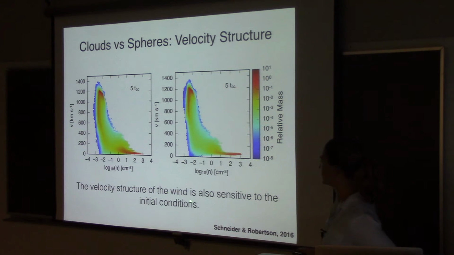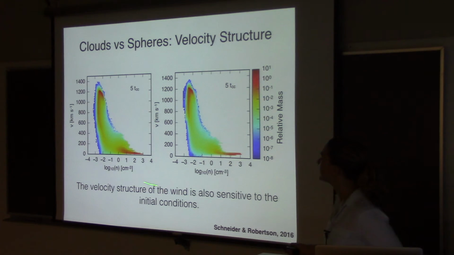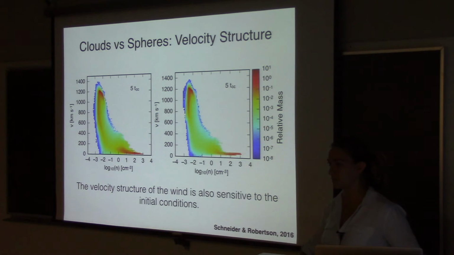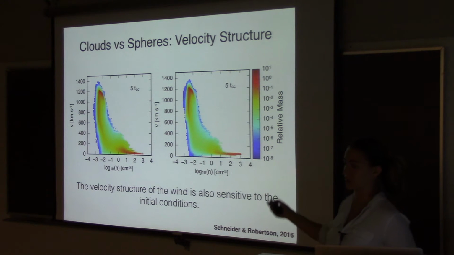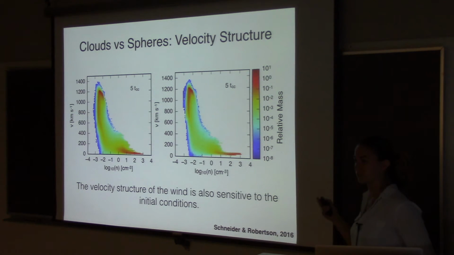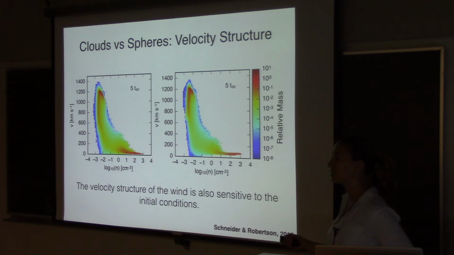As I already alluded to, the same is true for the velocity of the material. We were hoping, well, not hoping, it would have been interesting if higher density material were easier to accelerate in the case of the turbulent cloud, because as I mentioned, it is currently unsolved how you actually get intermediate density cool gas moving at high speeds in these winds.